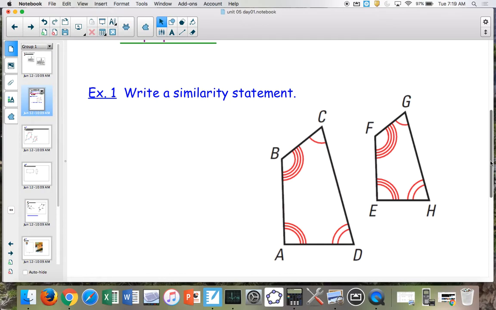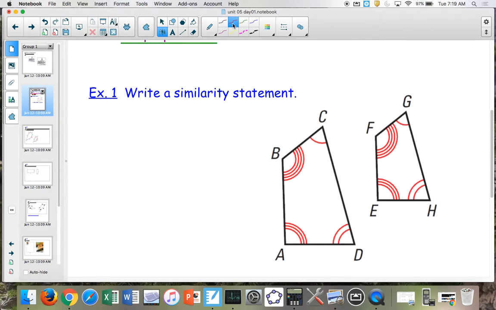Angle C with G, angle D with H, and angle A with E. So when you see the directions write a similarity statement, that's kind of like writing a congruent statement, but instead of using the congruent symbol, we're using a similarity symbol.